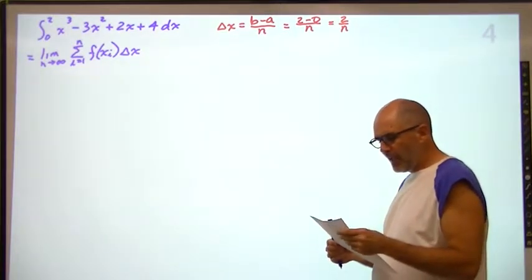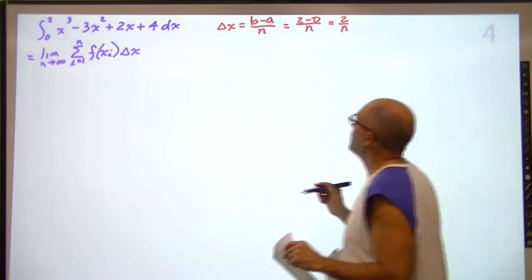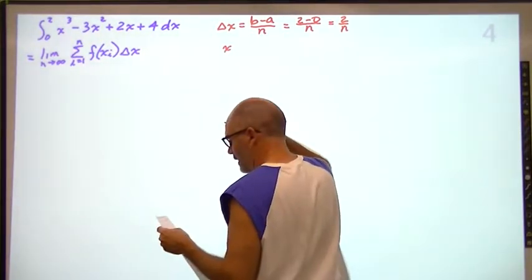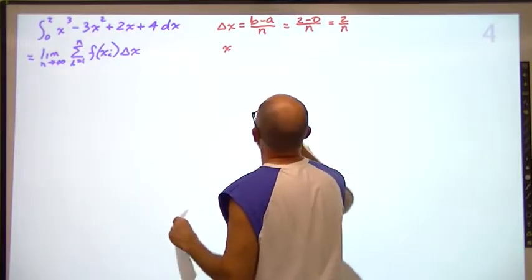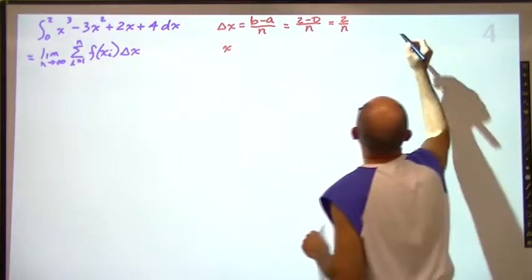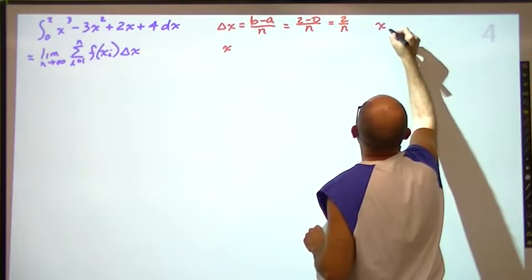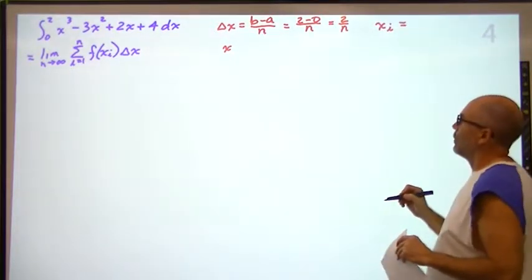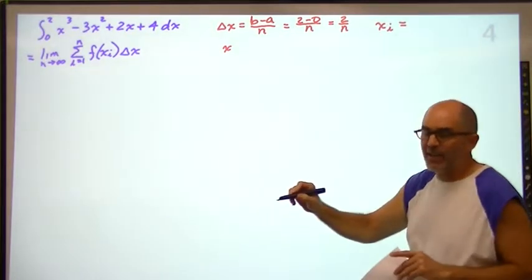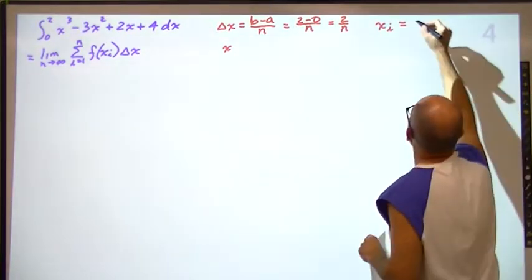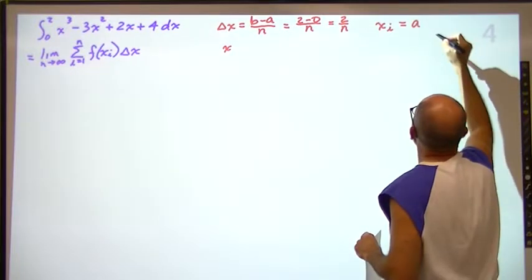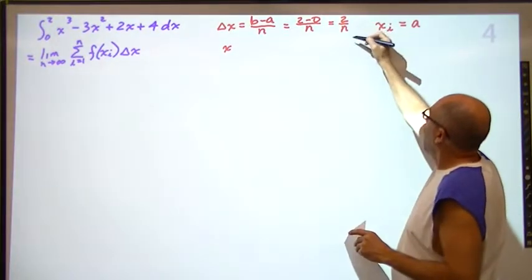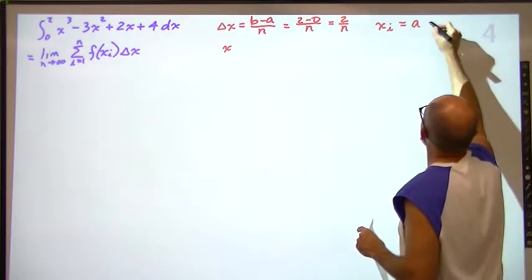Now, x sub i, any given x value is going to equal your left-hand limit, whatever that is, in this case it's 0, but we'll just call it a as a left-hand limit, plus the width of any given rectangle times i.